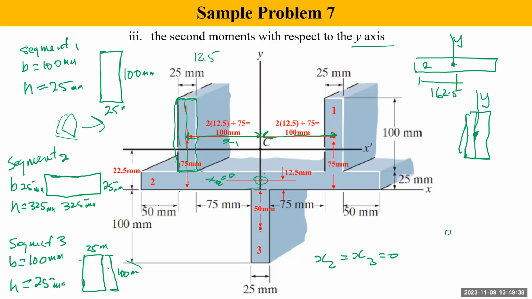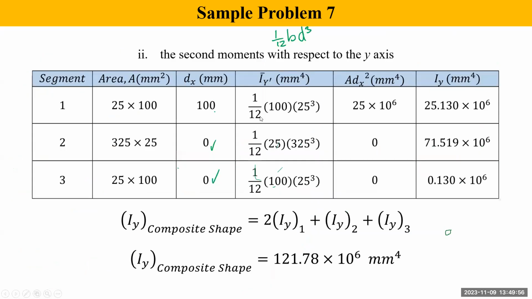If they're just hanging off in space, they wouldn't have a value. So for segment 2, it becomes your breadth and height, and as such it changed. The formula doesn't change; it's just your orientation of how you look at it that changes. So let's go through it. Here we have 100 times 25.